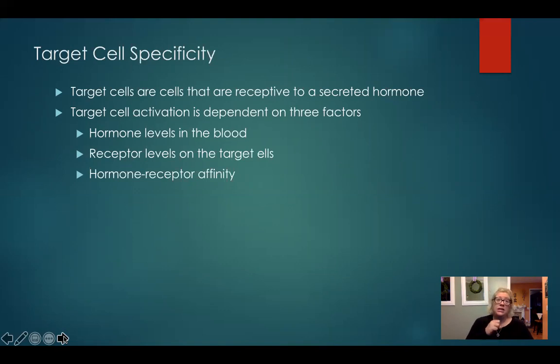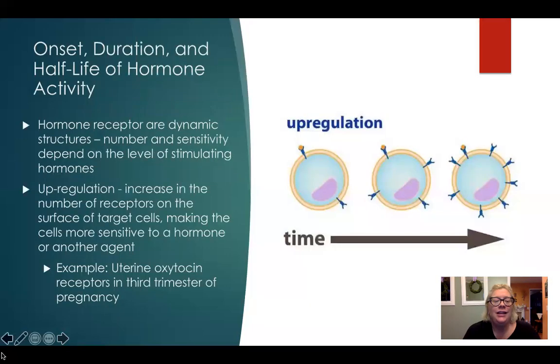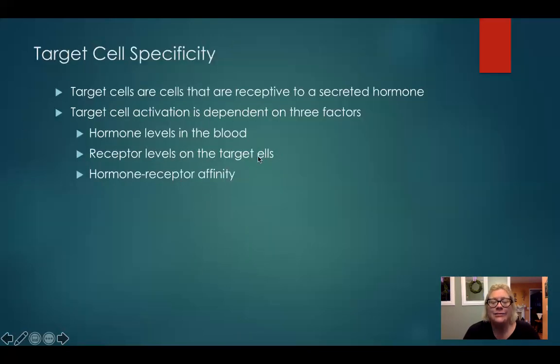If you have a target cell here and you have 20 hormones floating by, versus the target cell and you have 200 hormones floating by. Well, of course, when there are more hormones in the circulation, there's a greater chance of that particular cell getting activated.